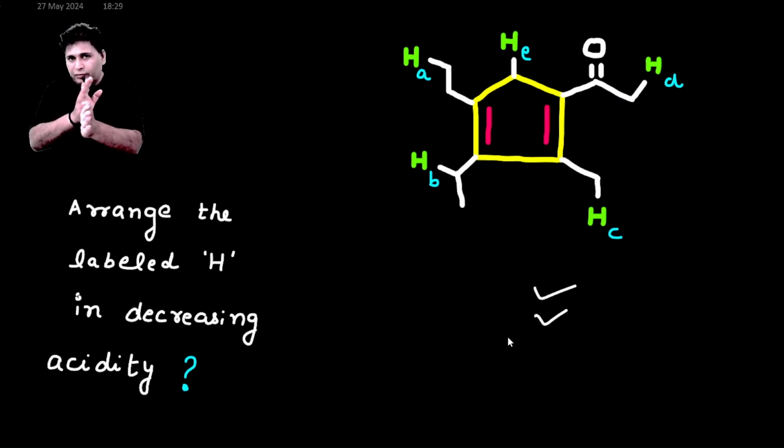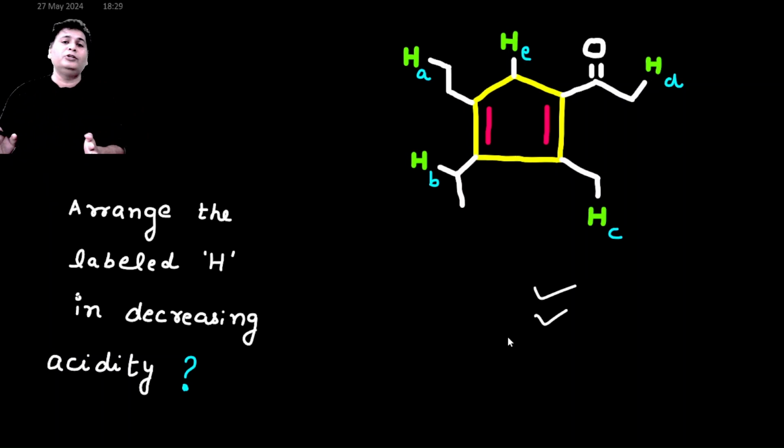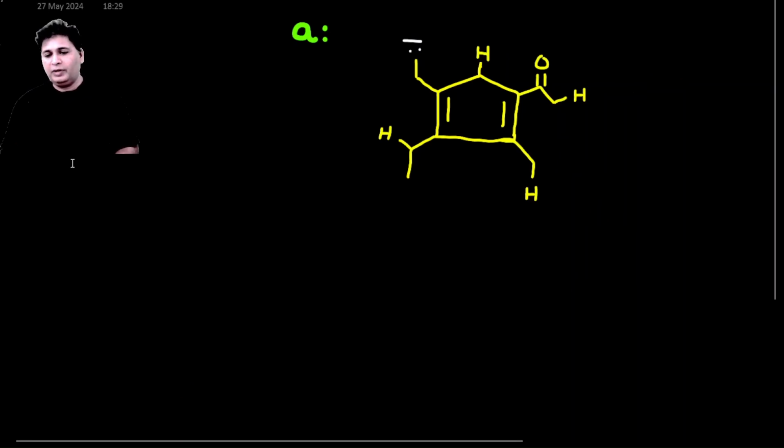Then you have to see the stability of all the conjugate bases, the anions you are going to get. You have to do this one by one, and we will take up from the hydrogen number A. So let us start from hydrogen number A.